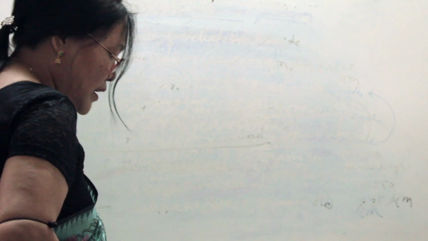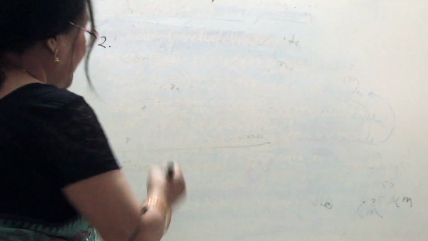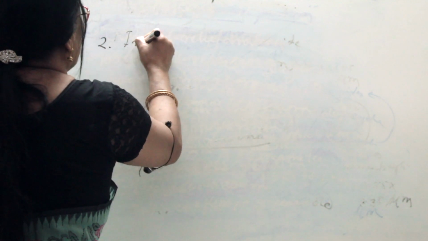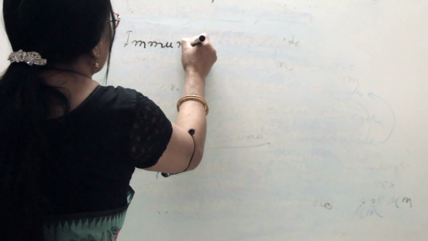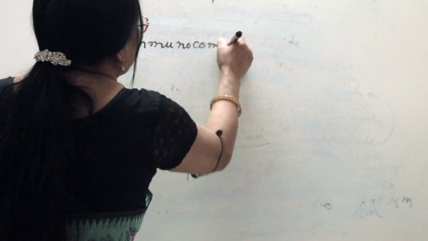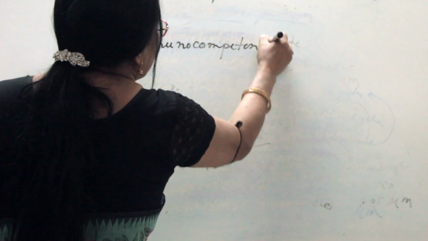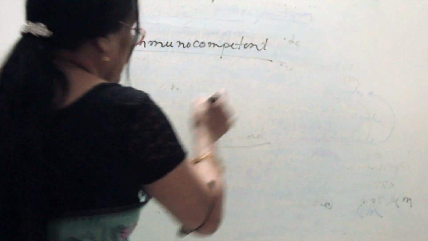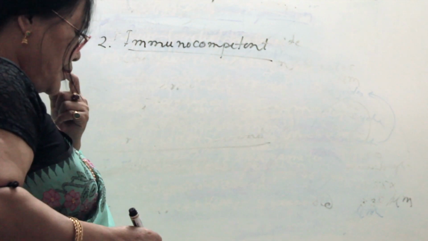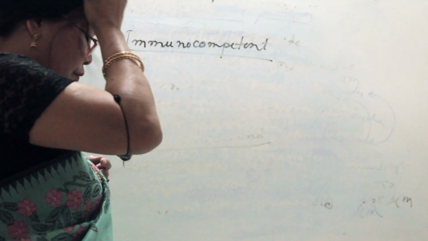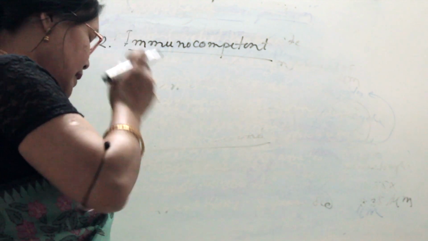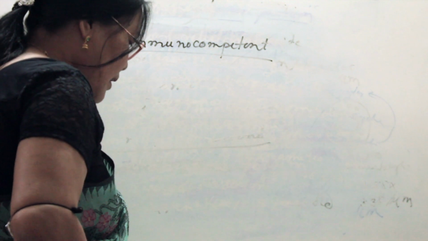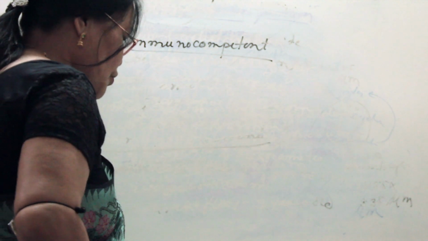Then the next is the immunocompetent patient. Immunocompetent means the patient who has no disease, no earlier report or history of diseases.